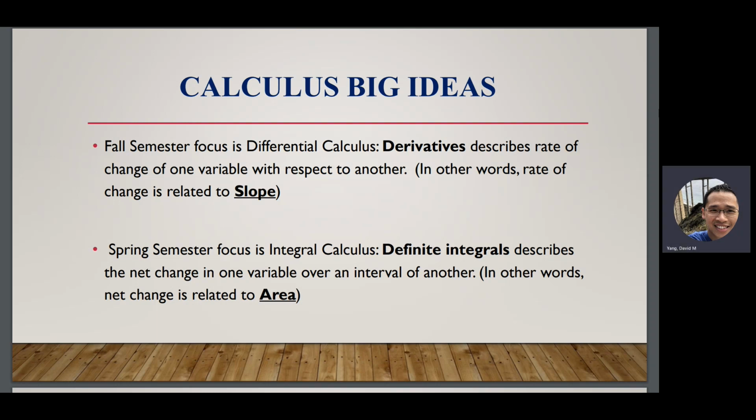And then second semester, we're going to learn how to undo that process. How do we get back to where we started using integrals? It doesn't seem as if slope and area have that relationship. It doesn't seem that area and slope are inverse processes of each other, but we're going to go through that process second semester and see how they're related to each other.